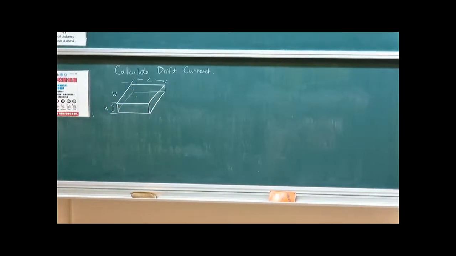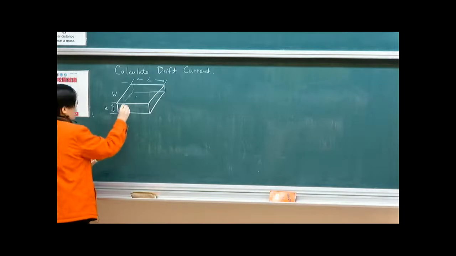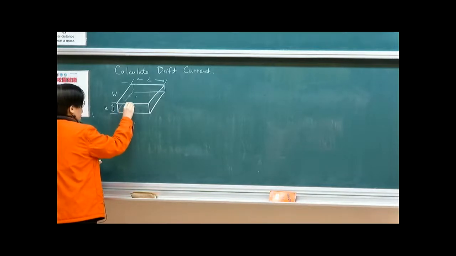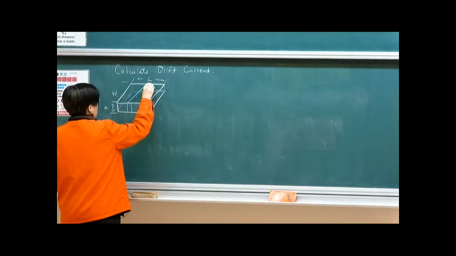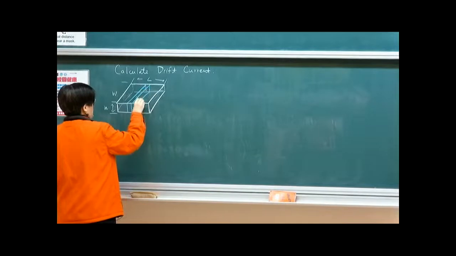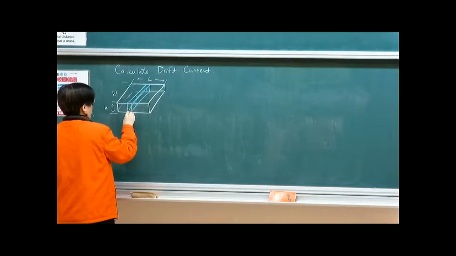So the way to do this is that we want to define a small little region of interest. You assume that you're looking at carriers only in the limited region here. So I'm just cutting out a small piece of dx.